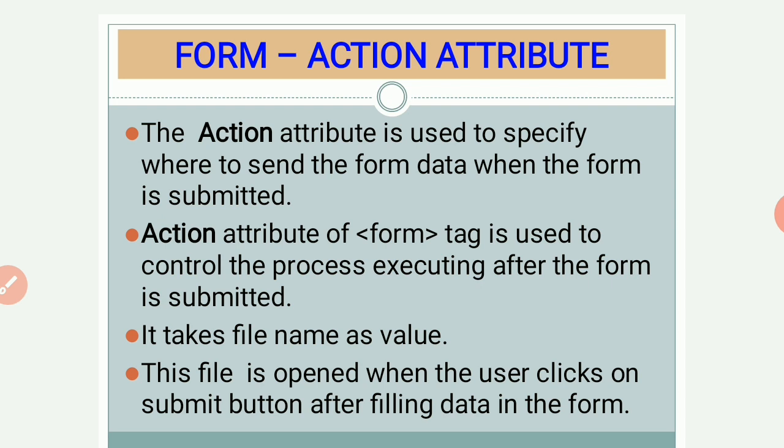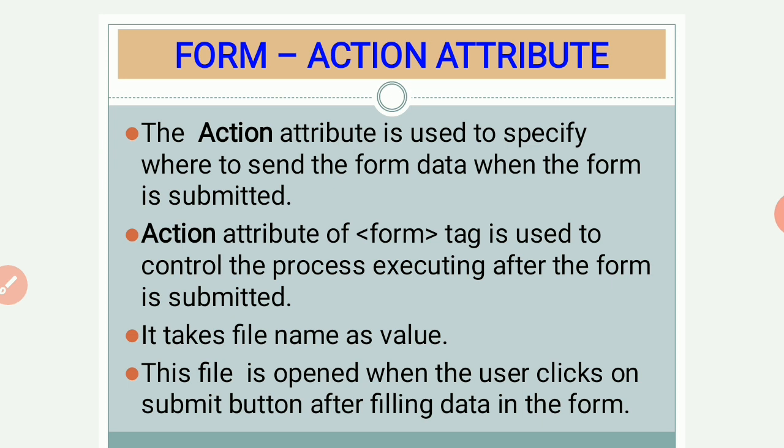Form action attribute. The action attribute is used to specify where to send the form data when the form is submitted. That is, this attribute tells the browser that when the user fills the form and at the end clicks on the submit button, where the filled information should go or should be stored, that can be specified with the action attribute.